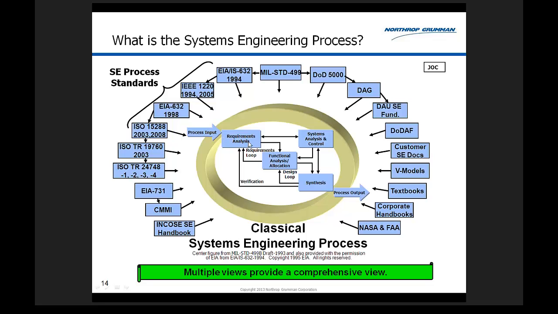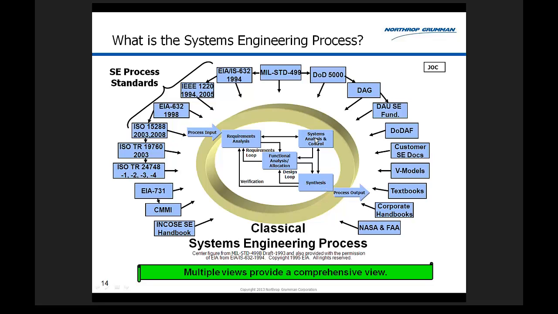Here's the requirements analysis, where we look at the requirements for the system. We look at the functional analysis and allocation: what is the behavior of the system, in terms of functions or use cases or whatever. Then we have the word synthesis, which is an older word for design. You take the information that you have and synthesize it to produce the design.